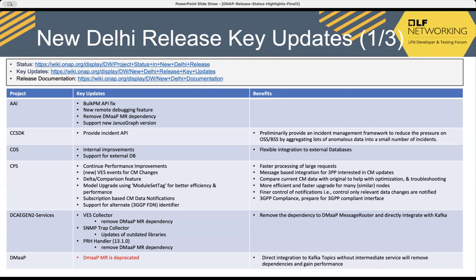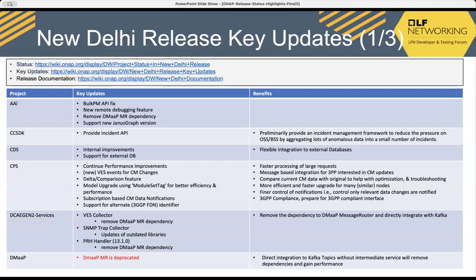They try to have incident management, smart incident management, intent-based, possibly plugging in AI in the future, so they updated CCSDK for the API. CPS continues the performance improvement, and adds the new VES event, some comparison features, upgraded modeling, subscription-based CM data notification, and the 3GPP FDN identifier.